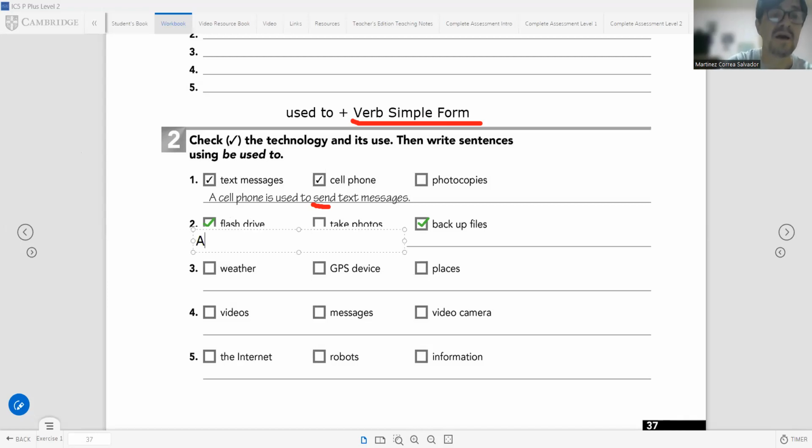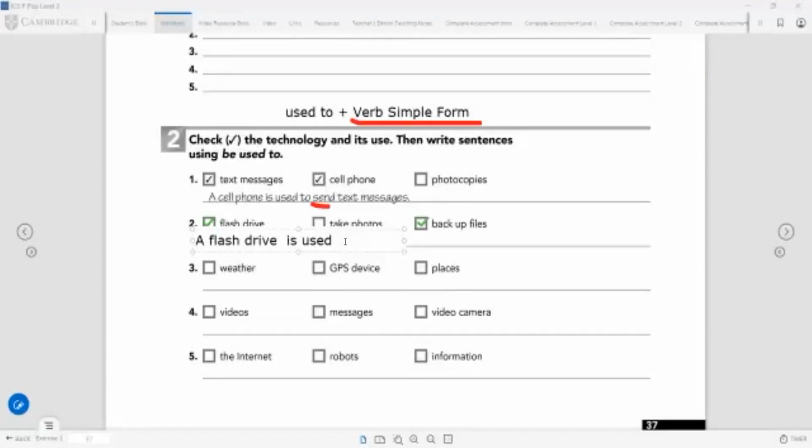You say something like, a flash drive is used to, and you're using to plus the verb in the simple form, back up files. That would be the answer. For number 2, verb in the simple form.